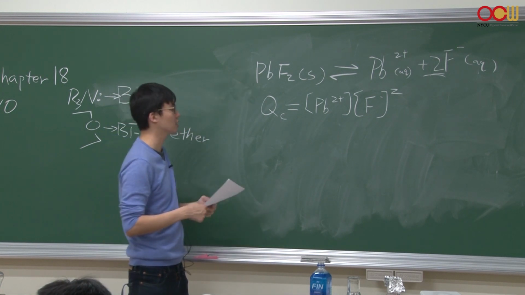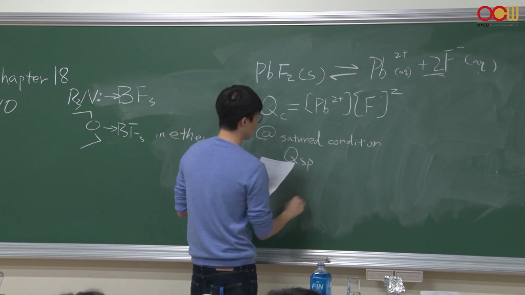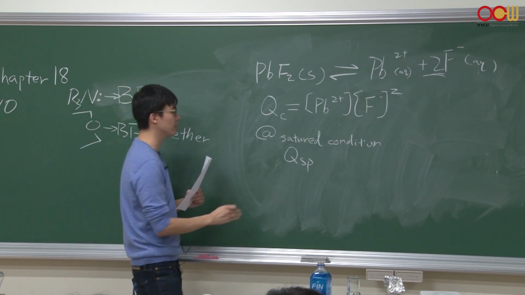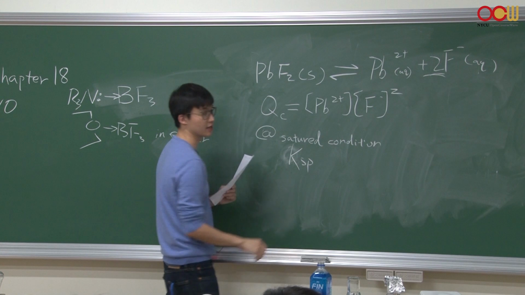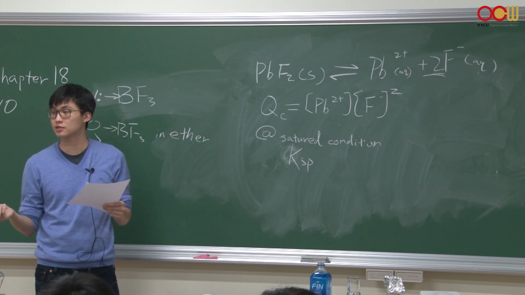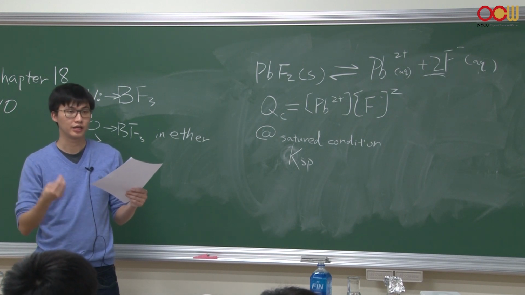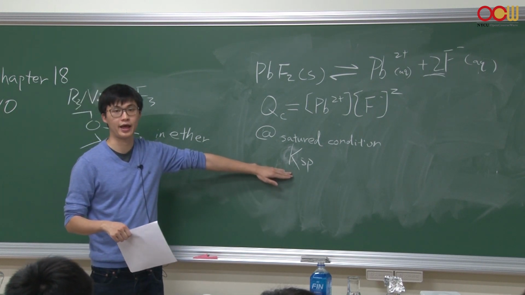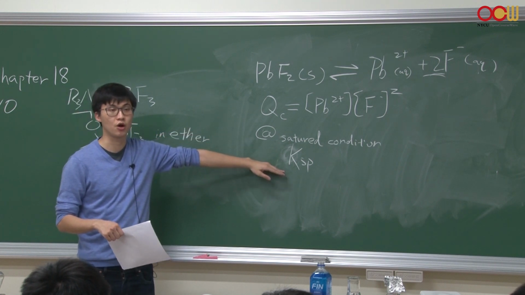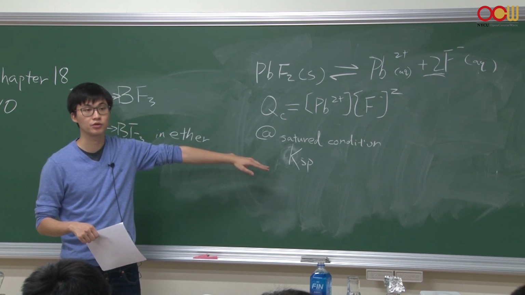Then we can use a Qsp, but since at equilibrium, most of the time you will see Ksp. Q you can use to describe any system, but if it's at equilibrium, we call that K. So when Q is smaller than K, we know that this reaction hasn't reached equilibrium.